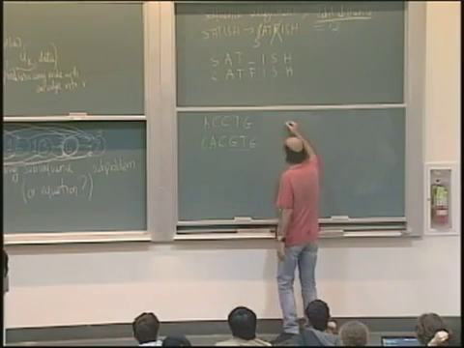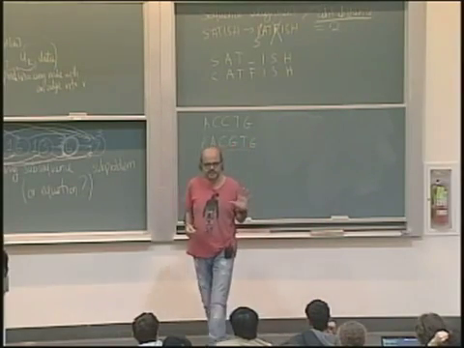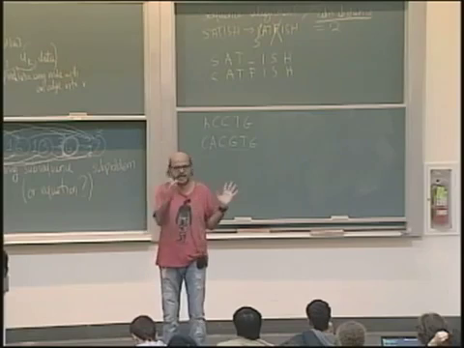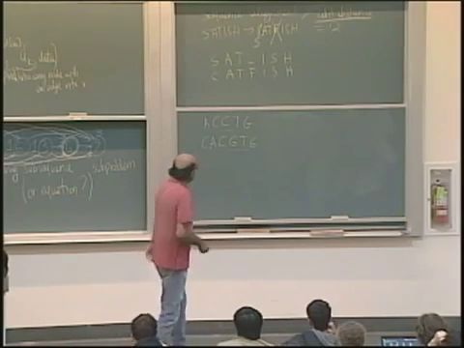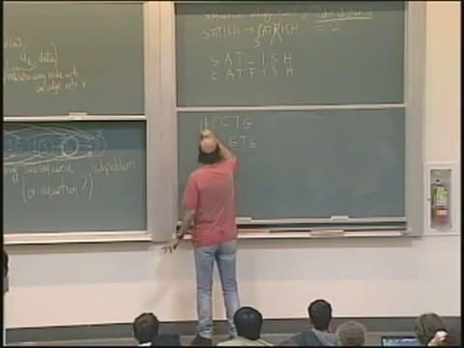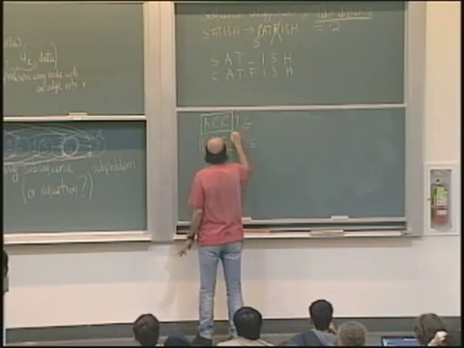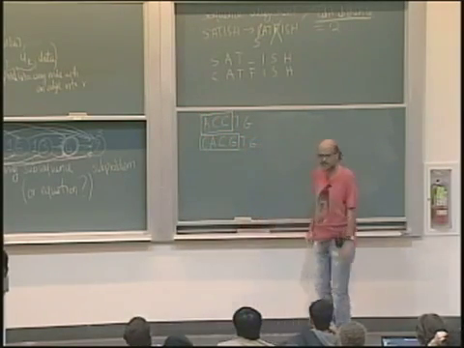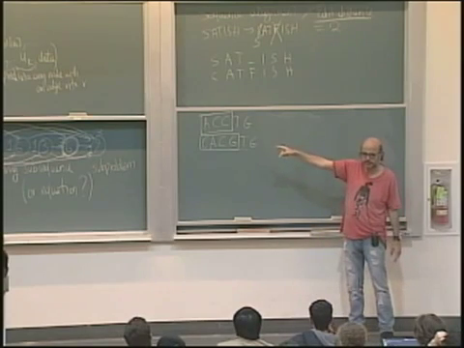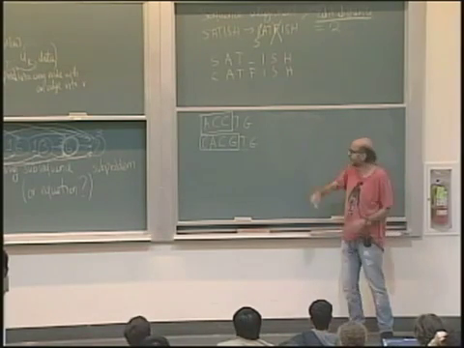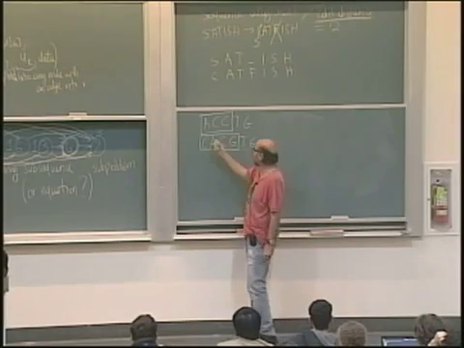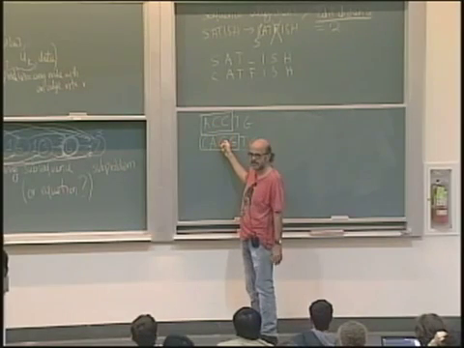Prefixes, okay? Everybody knows what a prefix is? A prefix is a substring starting in the beginning, right? So basically, that's a subproblem. I have found the best way to align this guy with this guy.